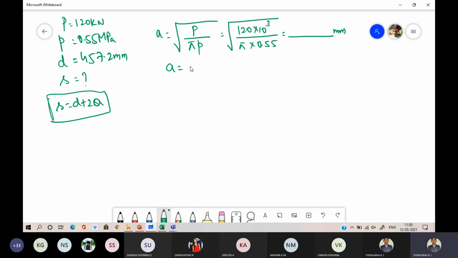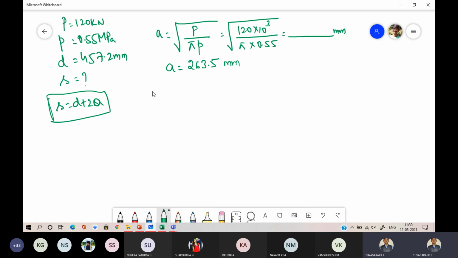That is the radius of contact area. What is the radius of contact area? 263.53 mm, 263.5.